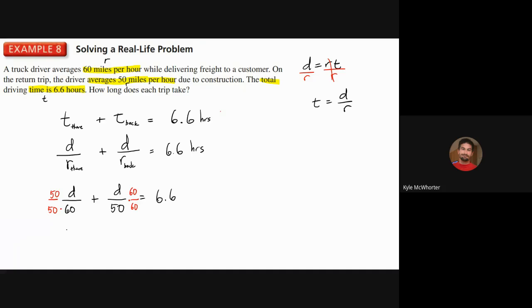So then we get 50d over 300 plus 60d over 300 equals 6.6.